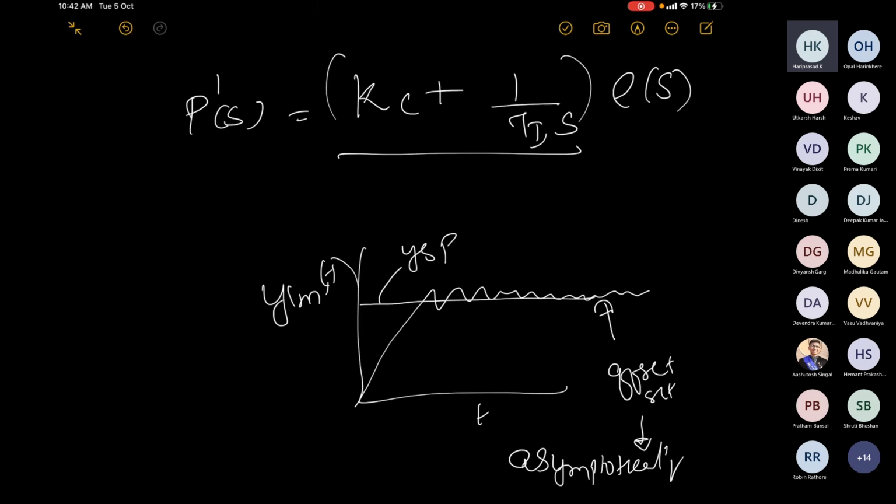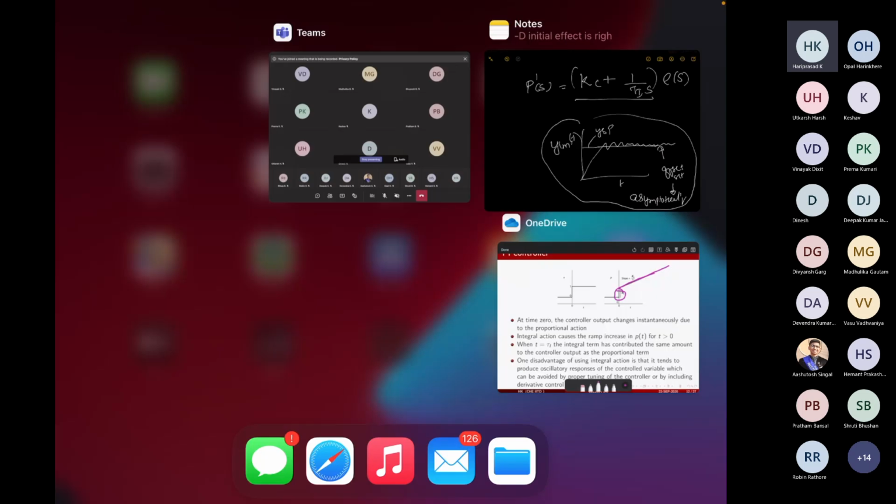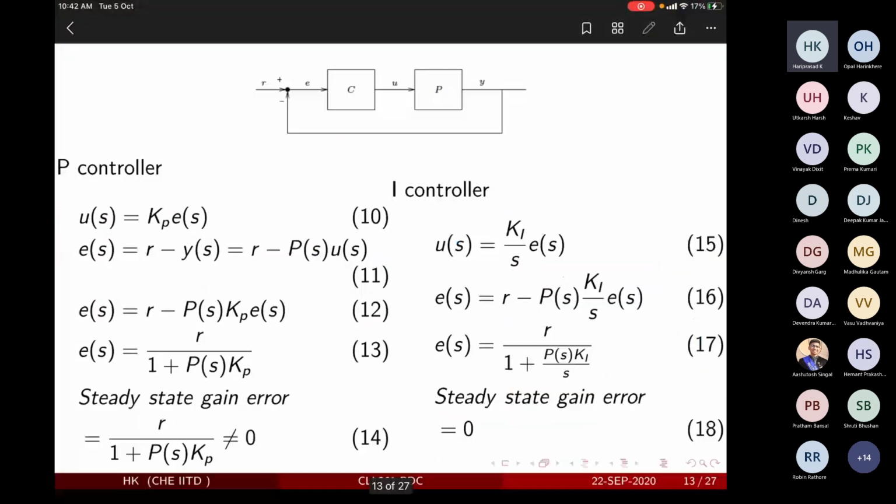Okay, so I hope this part is clear, because this would be an asymptotic exercise. Eventually this would go to 0, but after a long time. And we now see why this is happening. We can mathematically see why it is happening. Let's say you consider a case.